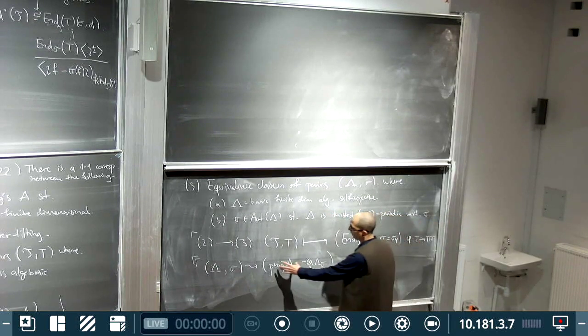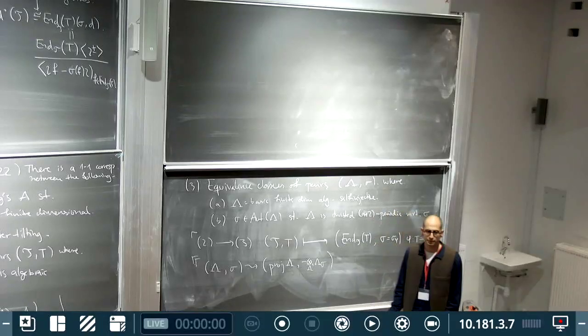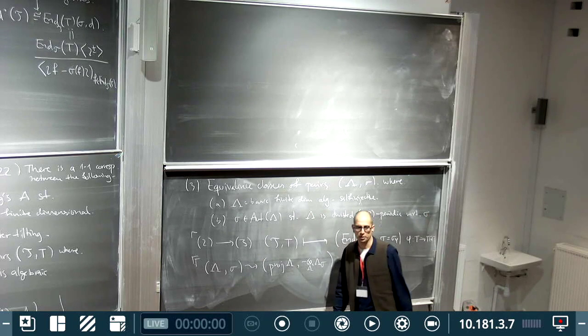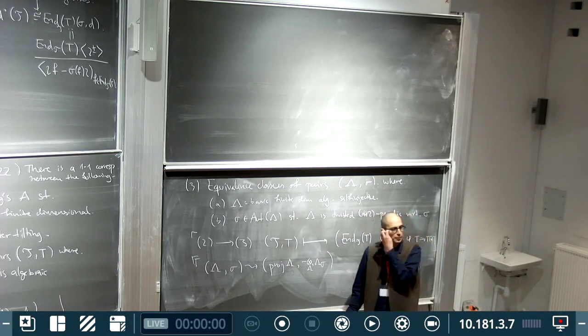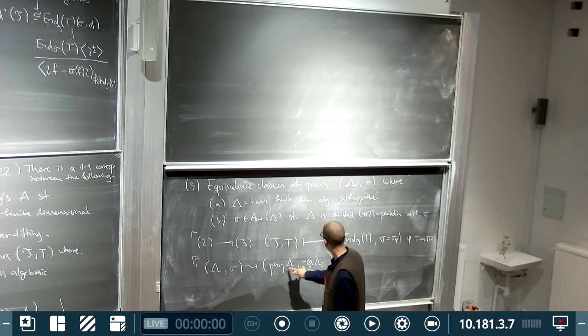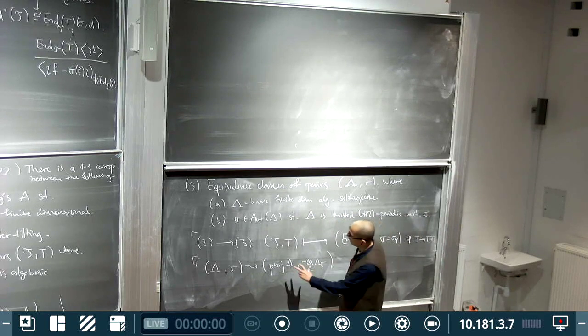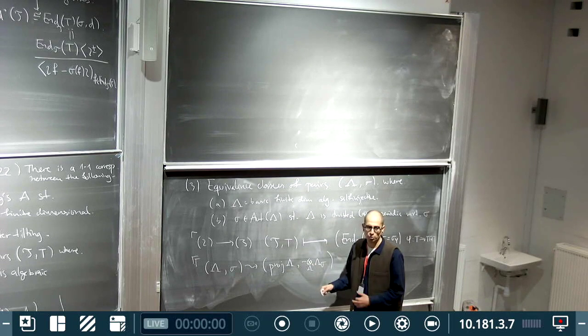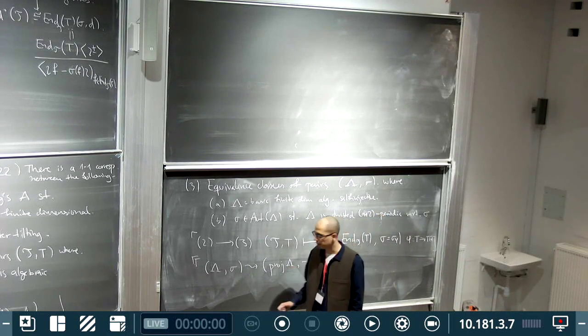So this becomes a category with an autoequivalence. So two pairs are equivalent if the corresponding categories are equivalent. So basically what I'm trying to fix here is, as you will see, something like the action of the double suspension or its inverse on this category.